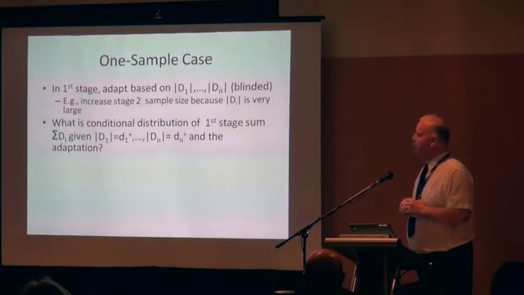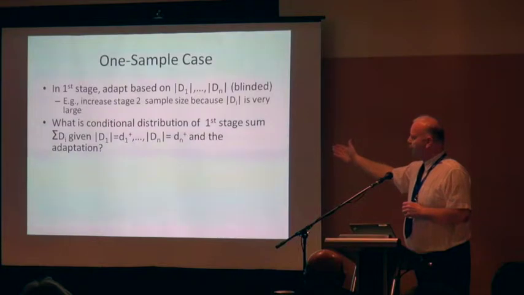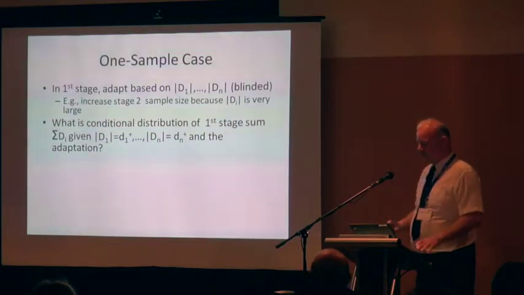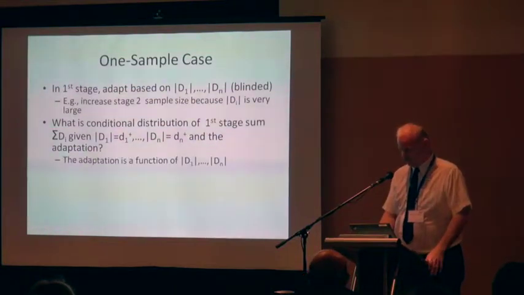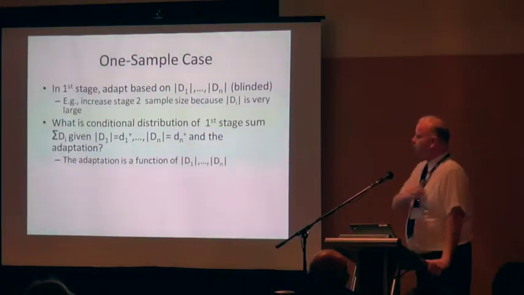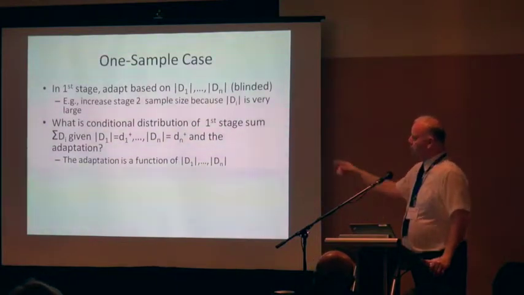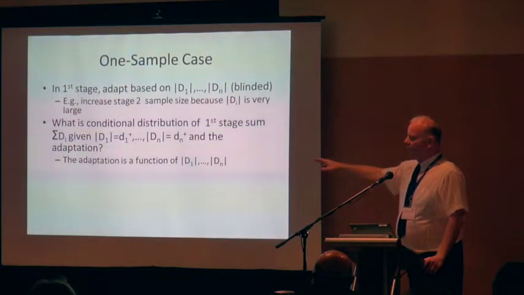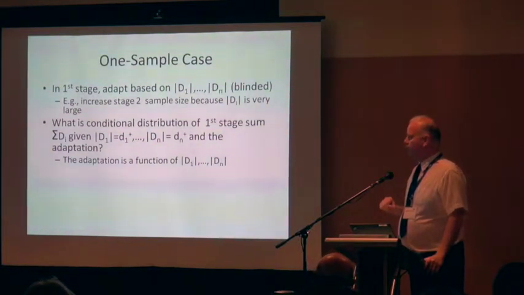And the question is, what's the conditional distribution of the first stage sum given those absolute values and the adaptation that you made? And so I'm claiming that it's just the permutation distribution of that first stage sum, because the adaptation that you make is just a function of those absolute values of the D's.